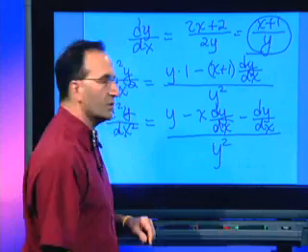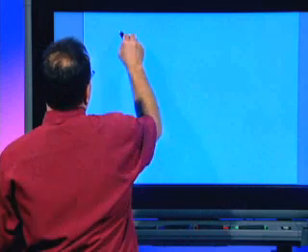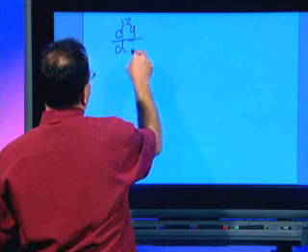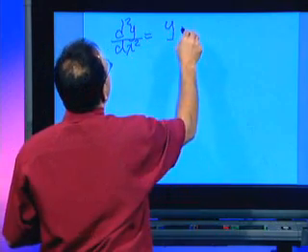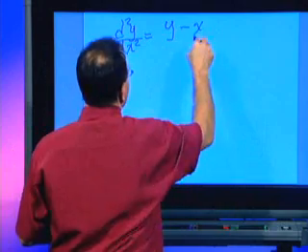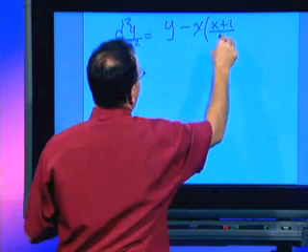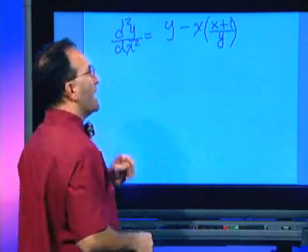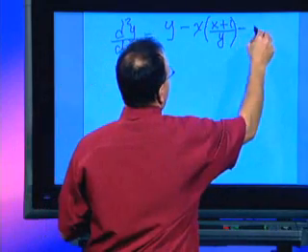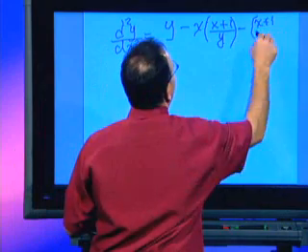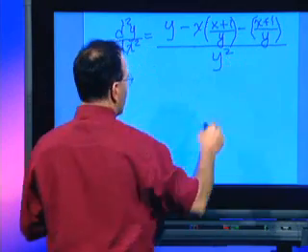And let me go to a new screen. So we had d squared y/dx squared was equal to y minus x times dy/dx, which we now are going to make the substitution x plus 1 over y, then minus 1 times dy/dx, so minus x plus 1 over y, and all of that is over y squared.